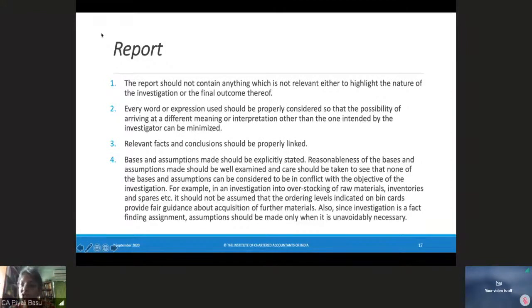Only when there is no evidence can we make some assumptions, but that has to be supported by facts. This is the reason I am resorting to some assumptions, because you have to tell them that I couldn't get any other evidence, so I am relying on such assumptions.